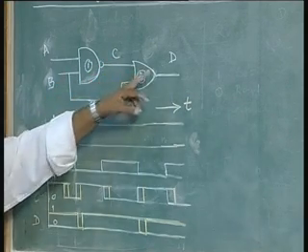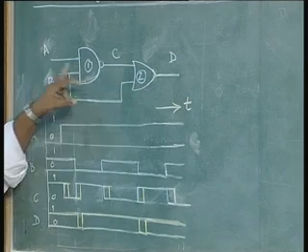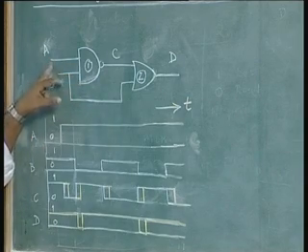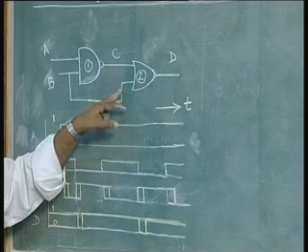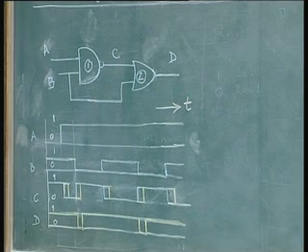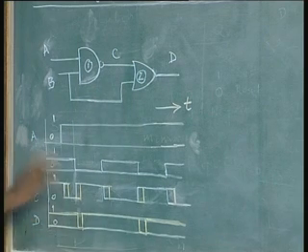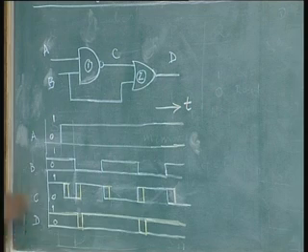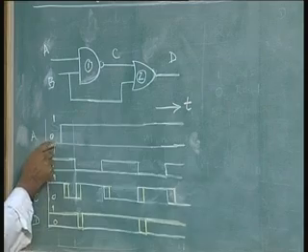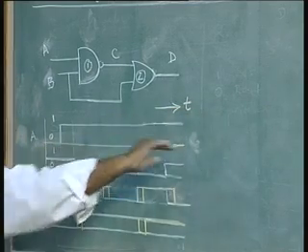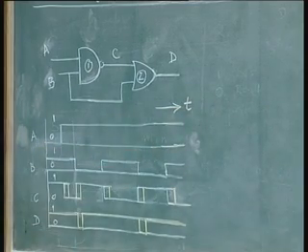The C is one of the inputs of the OR gate, the other input of the OR gate is the same as B. So, C is A and B whole bar, D is C or B. Now, let us assume, arbitrarily, an input A, where the x axis is the time axis for all the waveforms.